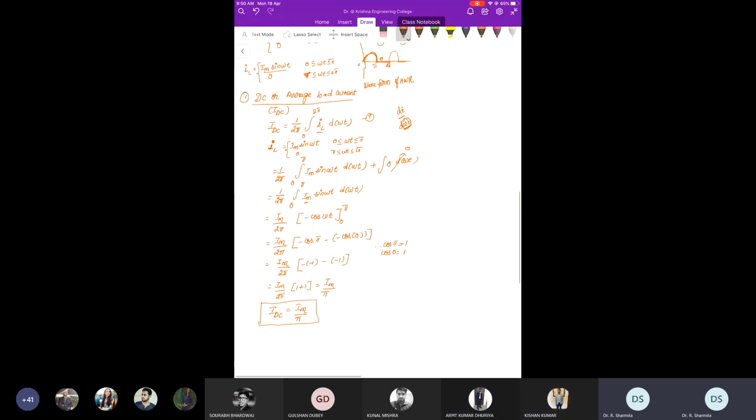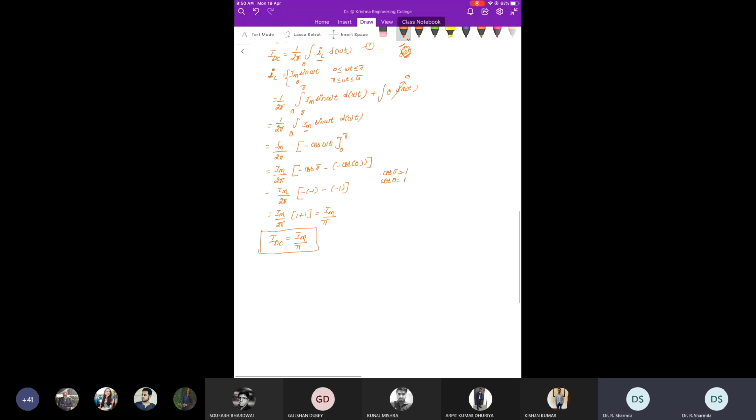Now we have measured that DC current. Already I told you the output may not be only DC, it has an AC component also. So next I am going to measure that AC component, which is measured using RMS, the root mean square. Using this RMS value, we measure the AC current, that is the AC component present in the output.